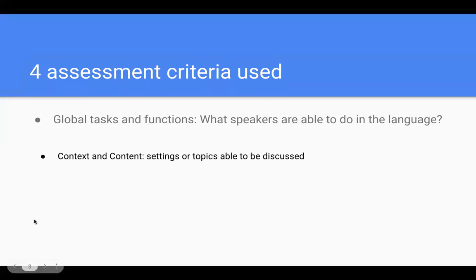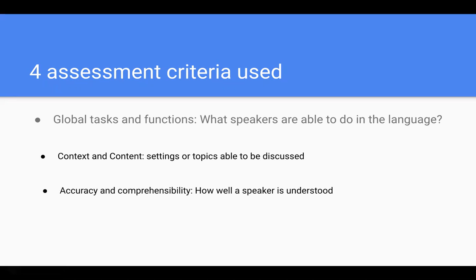The second criteria that is used is context and content, or in other words, the settings in which the speaker can function or the topics that they're able to discuss. We also use accuracy and comprehensibility, which means how well a speaker is understood when they're talking.